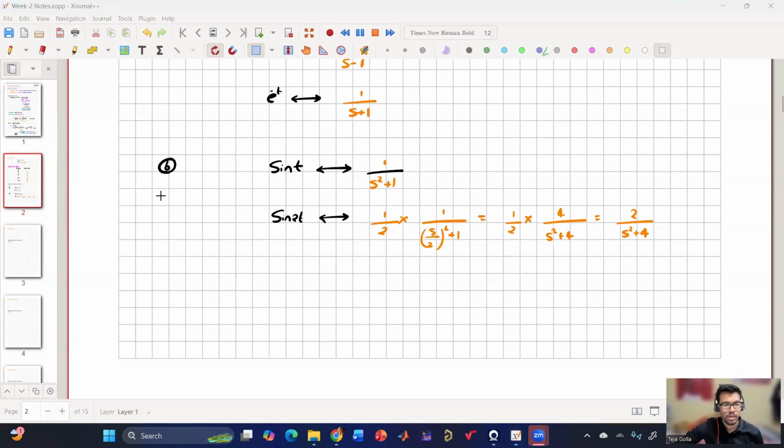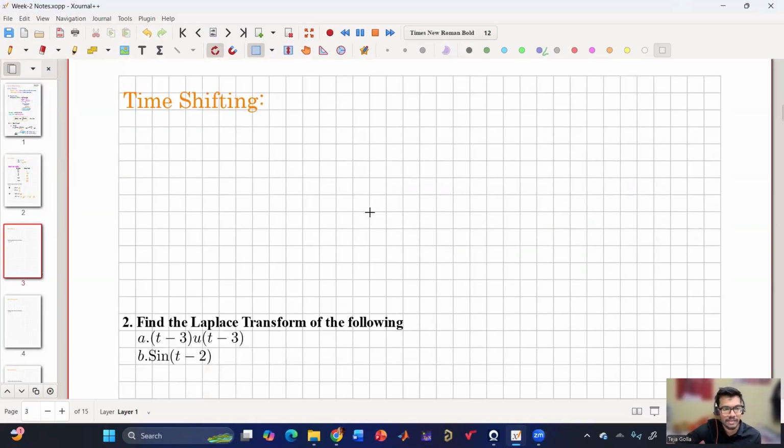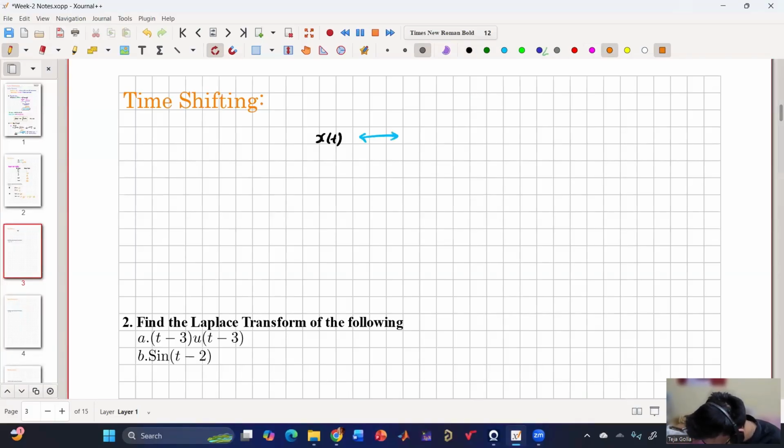Yes. Okay. If this property is clear, then I'll move to the other property, which is time shifting. Time scaling is done, and now we are dealing with time shifting. We have x of t and we have x of s.